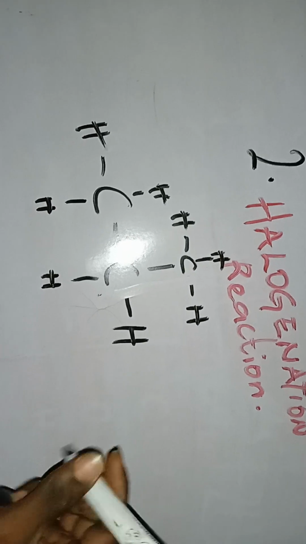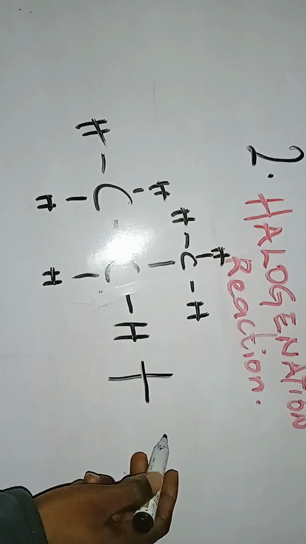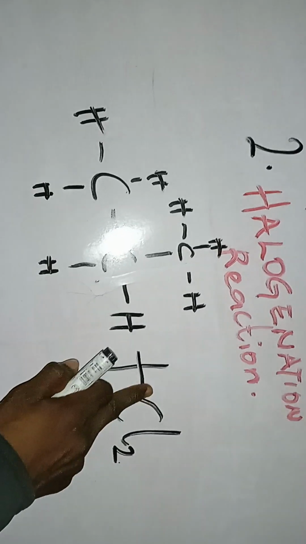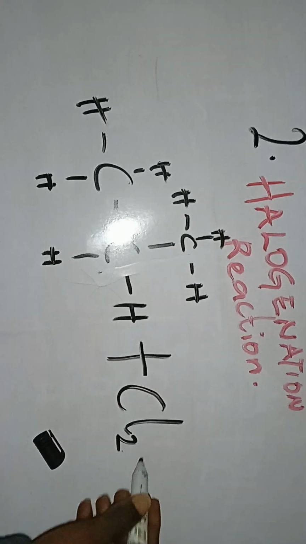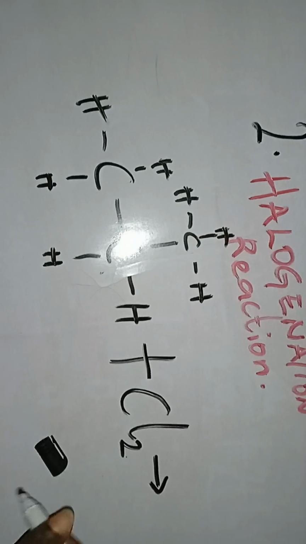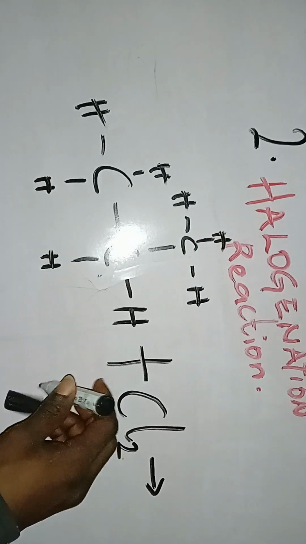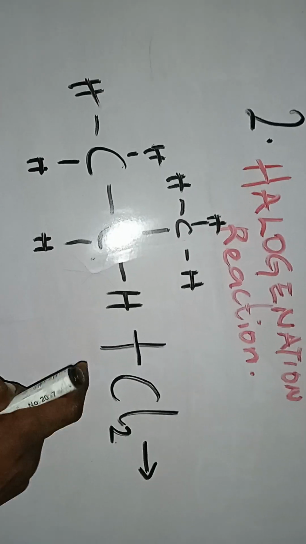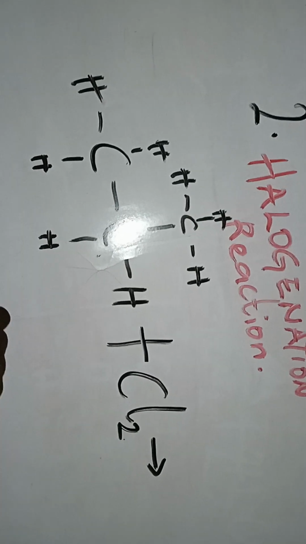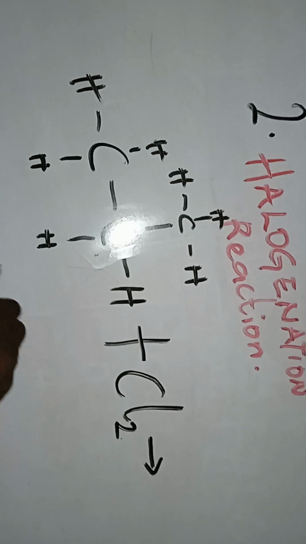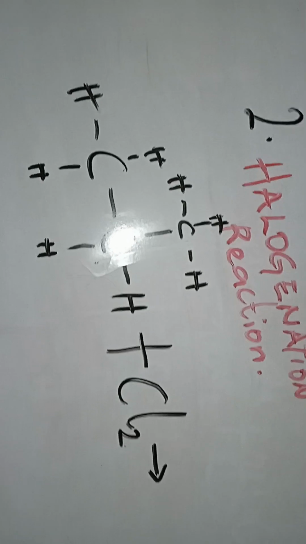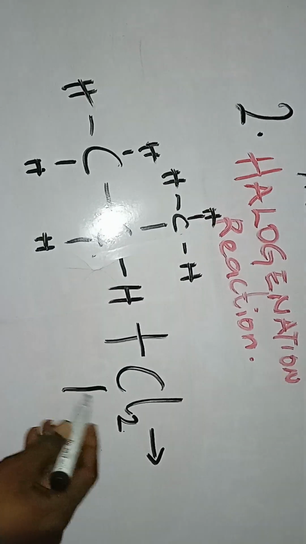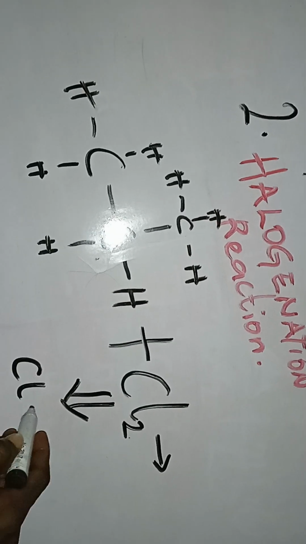If you know that this is propane, when you add Cl2 or any of the halogens, this type of reaction is what we call halogenation. And we know that chlorine, all those halogens, they don't exist as atomic, they exist as diatomic. So if you add this, it simply means that this is the same thing as Cl2, the same thing as Cl.